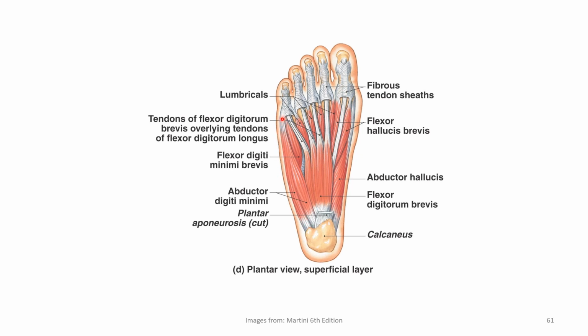Move just medial to that, and this is the flexor digiti minimi, or flexor digiti minimi brevis, both will be correct. Flexor hallucis brevis, you can see the bellies of that on either side of the tendon of the flexor hallucis longus. And actually seen here, these are lumbricals. Here are lumbricals.